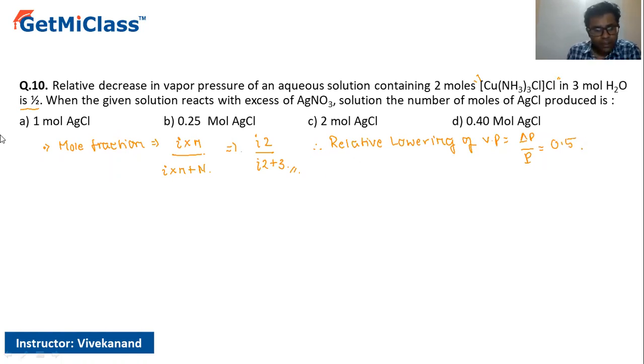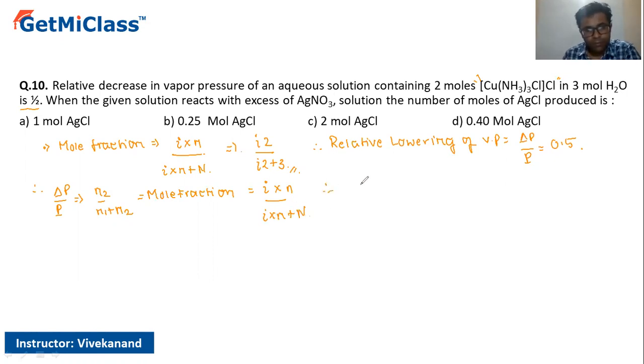According to RLVP, we had previously seen that delta P over P is equal to n2 over n1 plus n2, which is the mole fraction. But now we have taken a new equation, i into n divided by i into n plus n. Therefore, we can say that 0.5 should be equal to i2 divided by i2 plus 3.